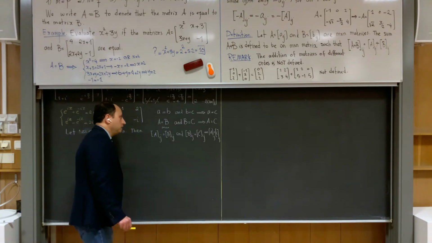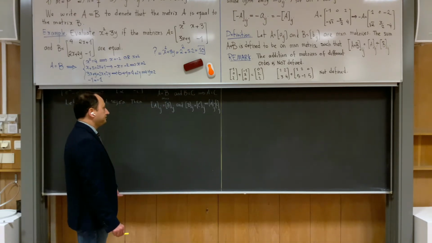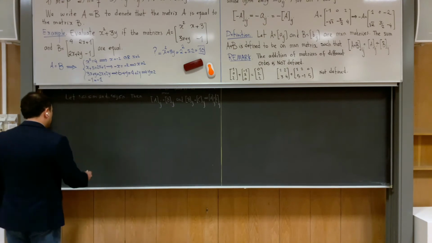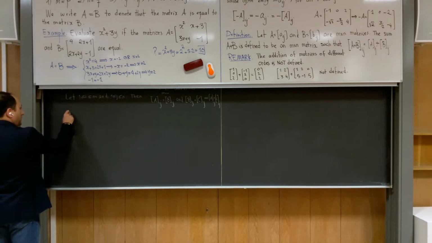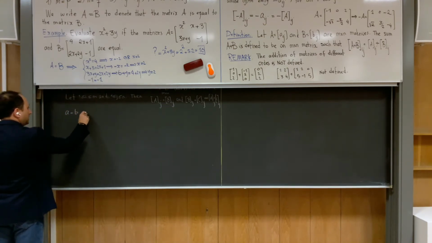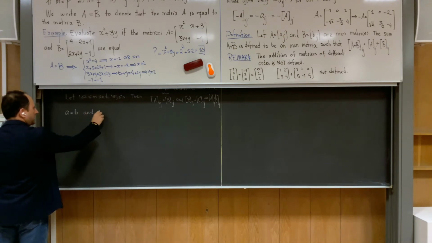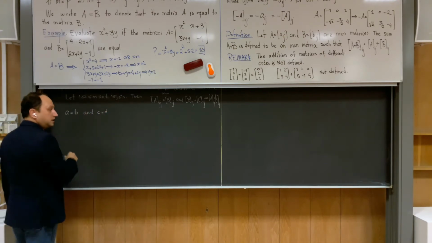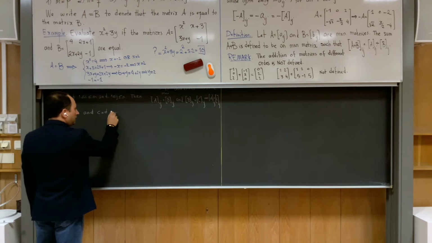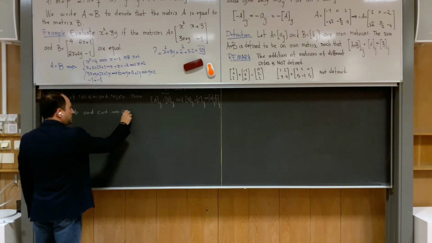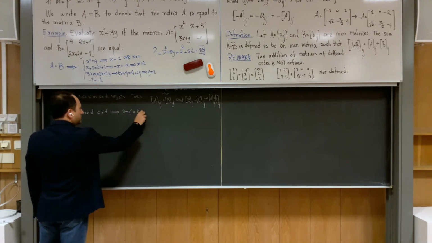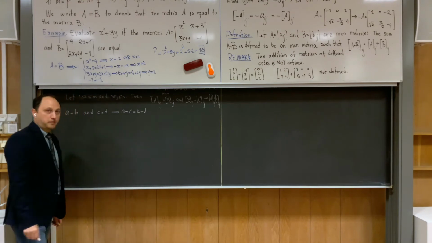For example, if I want to give you another example, in numbers, you know that if A is equal to B, if these are numbers, and I know that C is equal to D, I can conclude that A plus C is also equal to B plus D. Yes?